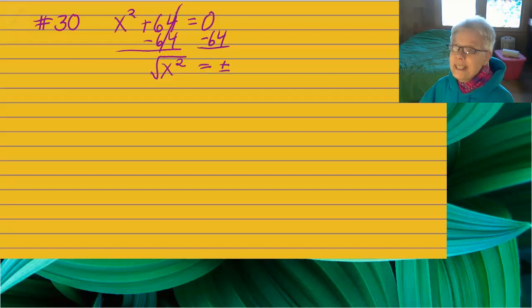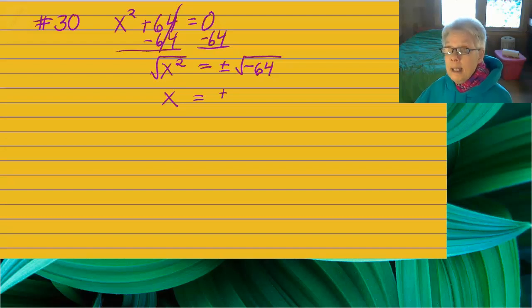Then we take the square root of both sides. And so we'll be taking the plus or minus square root of negative 64. And so x is going to equal plus or minus the square root. Now follow my process here, because you know we've been kicked out into the complex number system.